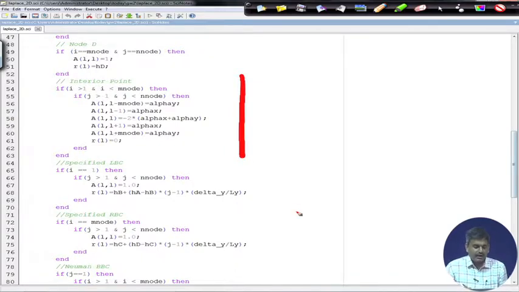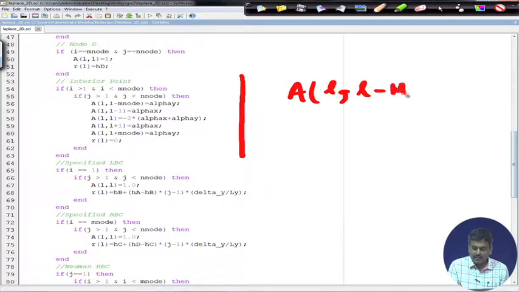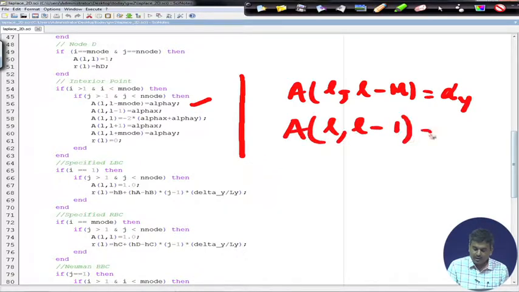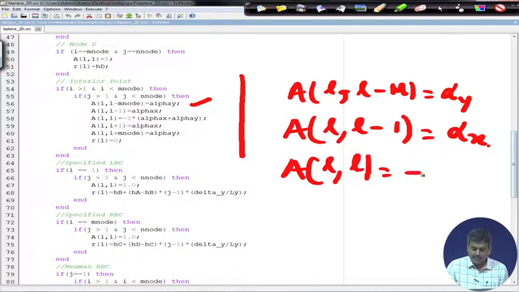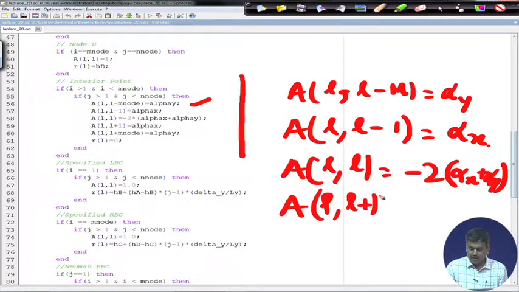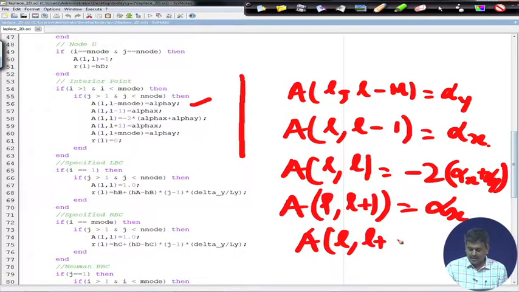Obviously we know that the coefficient of A L minus M is alpha y, A L minus 1 is alpha x, A L is minus 2 into alpha x plus alpha y, A L plus 1 is again alpha x, and A L plus M is alpha y.